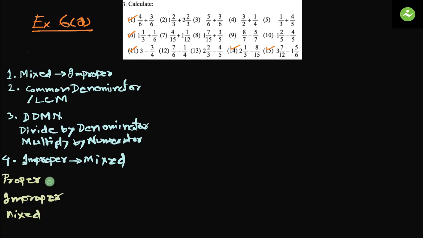Proper means the bottom one is known as denominator, and the top one is known as numerator. Right.